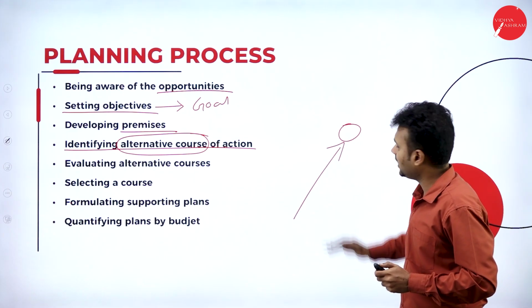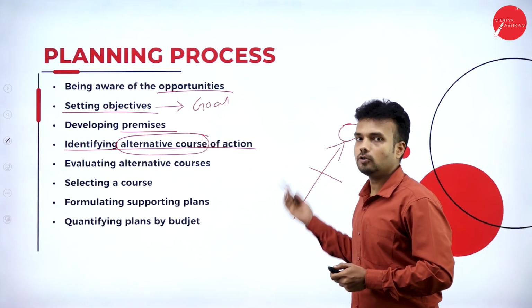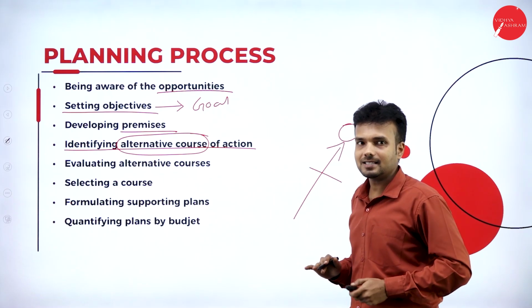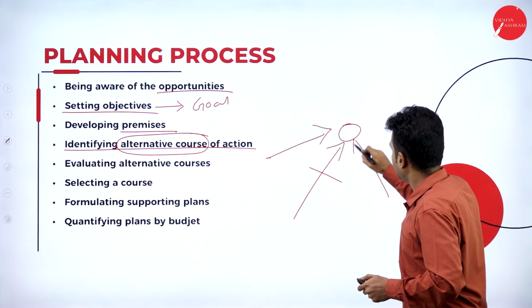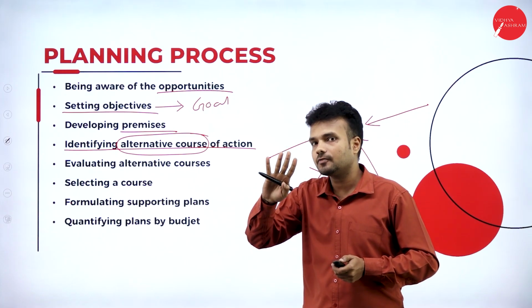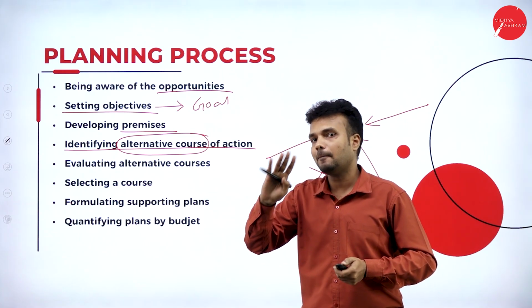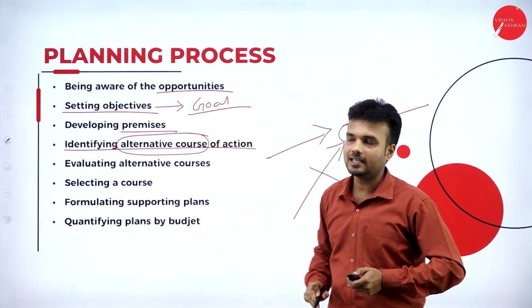If I plan for a single way and any obstacle occurs on the way, I would not be able to reach the goal. Hence, the organization is going to plan in 4 ways to reach the goal, which means they are going to prepare 4 kinds of strategy or 4 kinds of plan to reach the goals or the objectives of the organization.